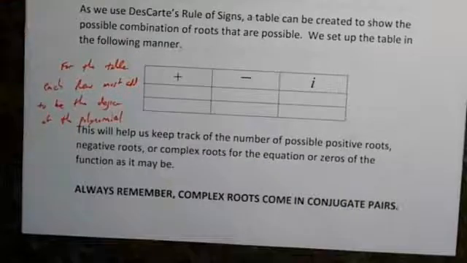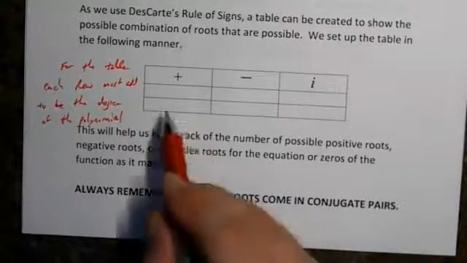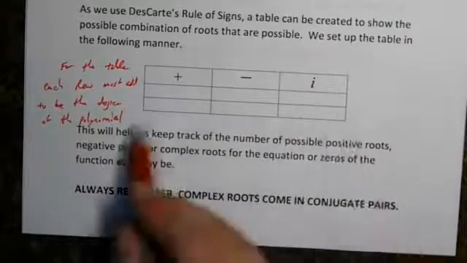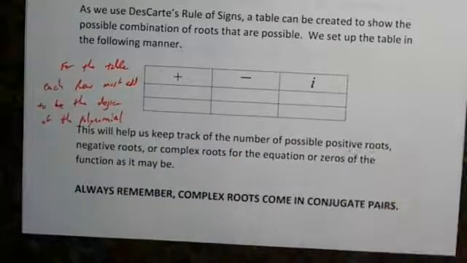So if we're talking about a 5th degree polynomial, each row is going to have to add up to be 5. The rows add up to be the degree of the polynomial.